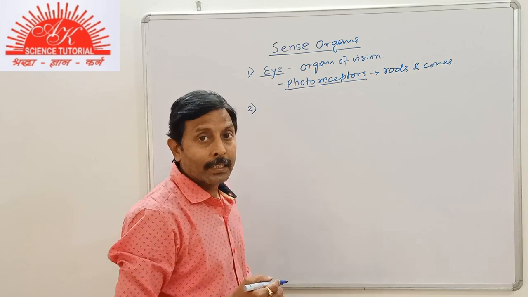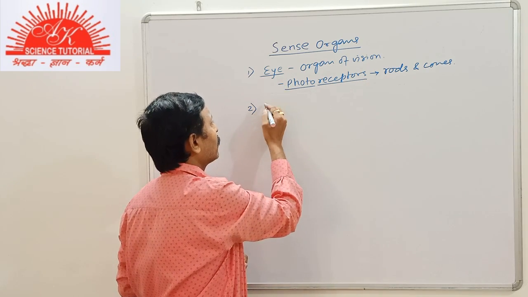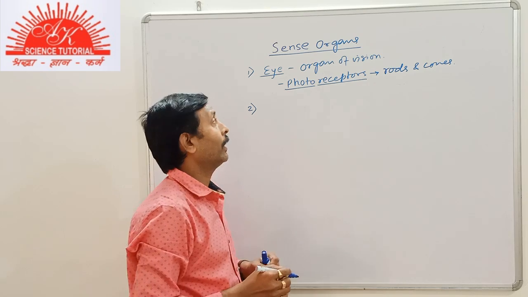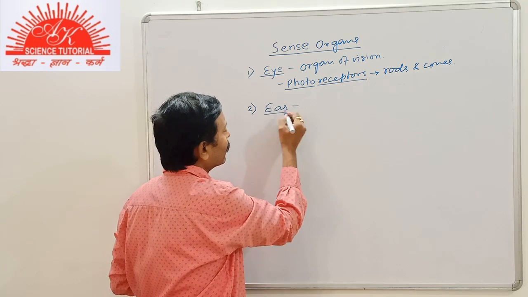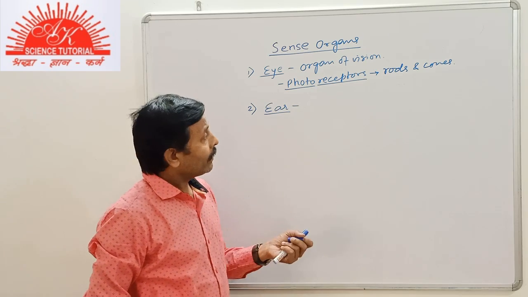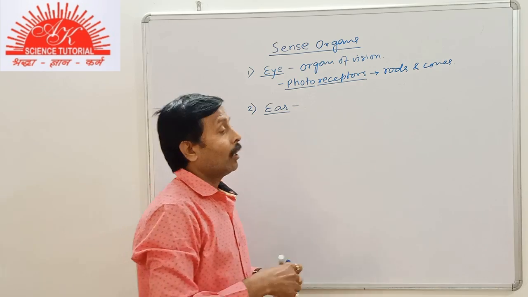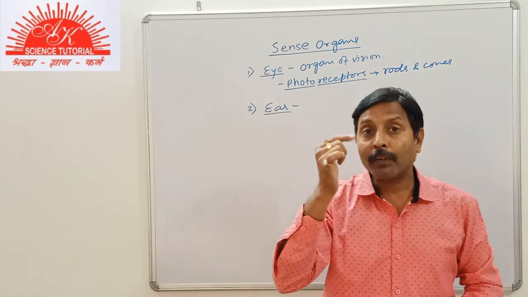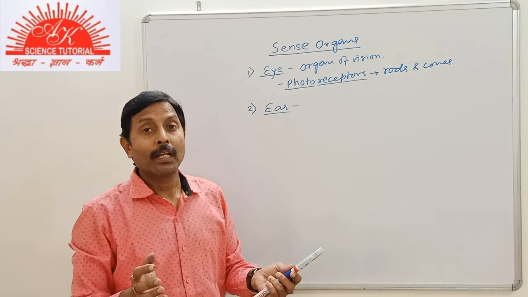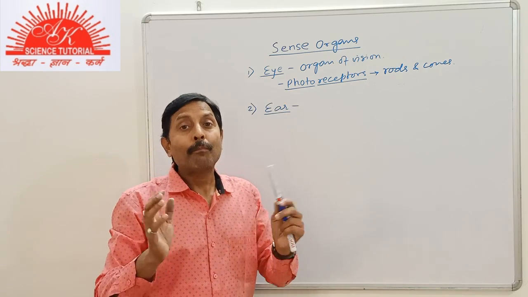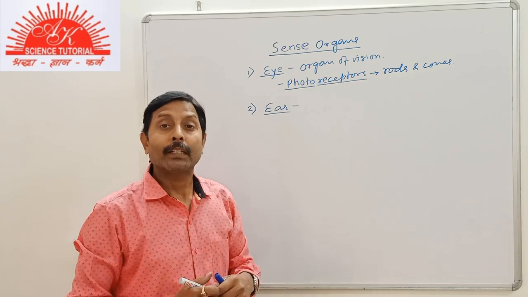Second, the second sense organ which we have to study in this chapter, two sense organs have to be studied in detail, eye and second is ear. Commonly we say that ear is related to hearing, but students, we know that there is another function of ear also, that is called balancing. That is, maintaining the balance and posture of the body is regulated by our ear.